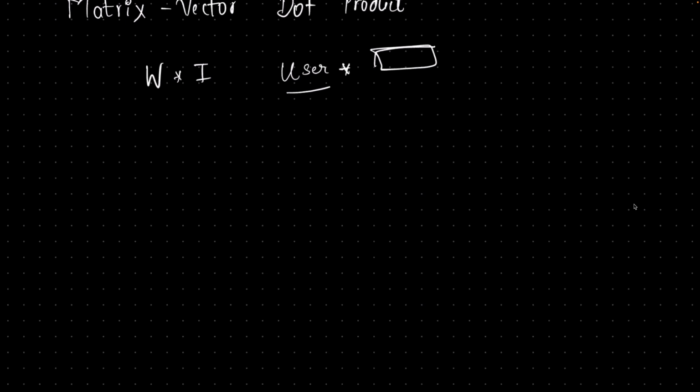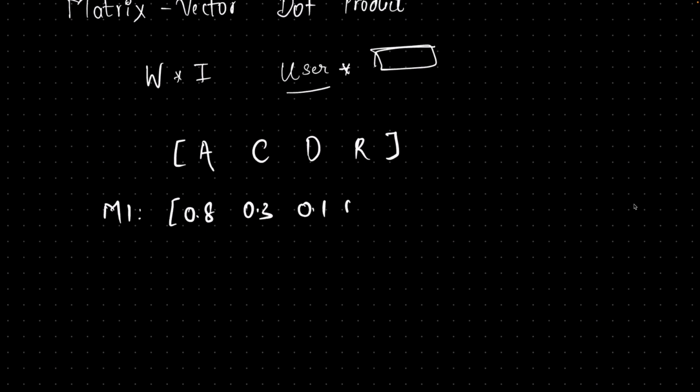Let's say we have movies represented as features like this: action, comedy, drama, and romance. Okay, so a movie is represented by these four features. So movie 1 can look like this: 0.8, 0.3, 0.1, 0.0.